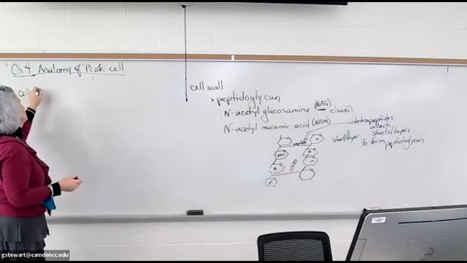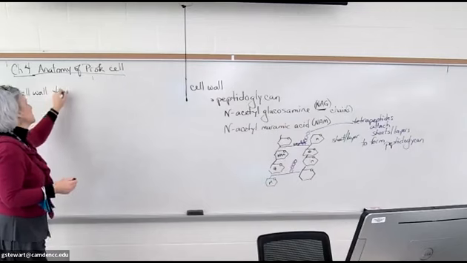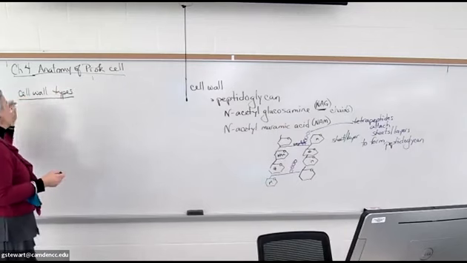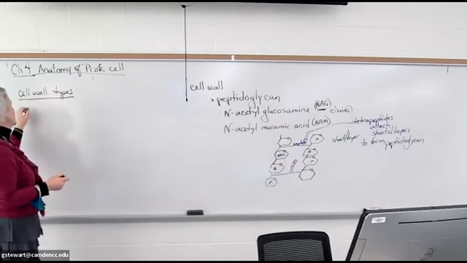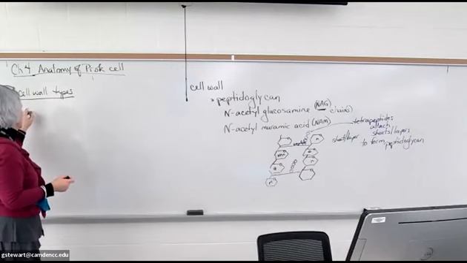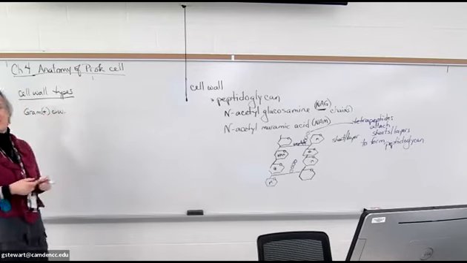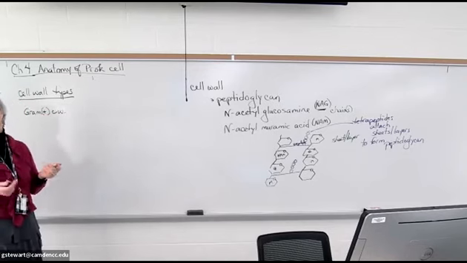Cell wall. Let's go with types. Okay. So first type, we're going to talk about the gram-positive cell wall. I'm just going to abbreviate cell wall now, CW. Okay.